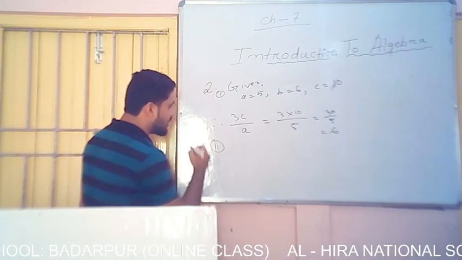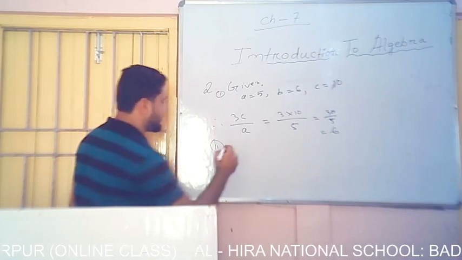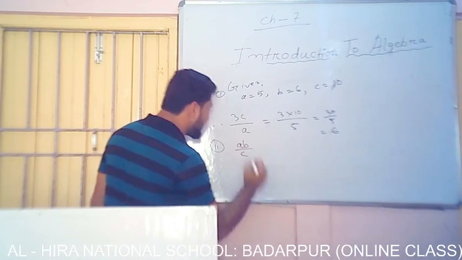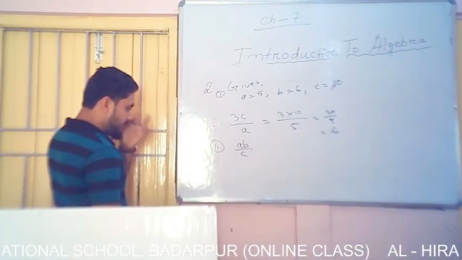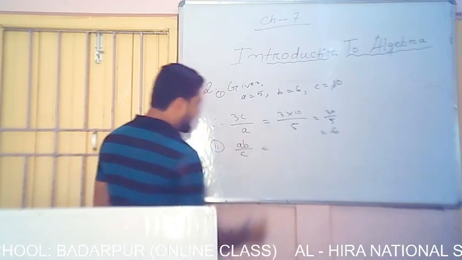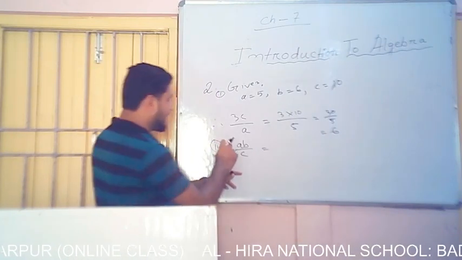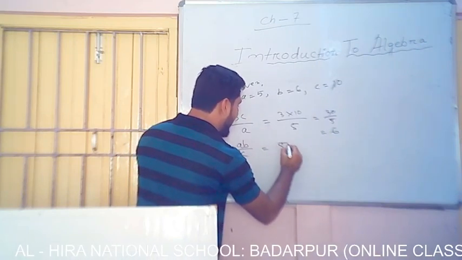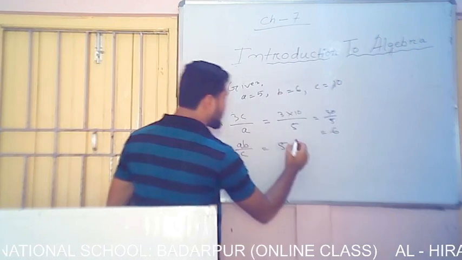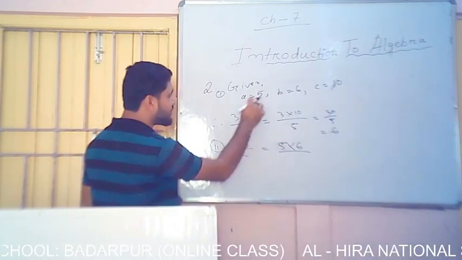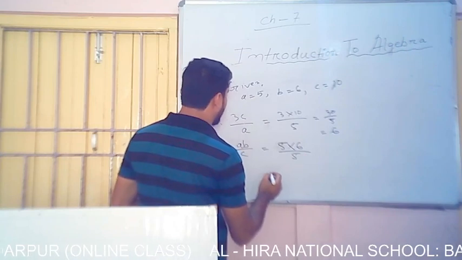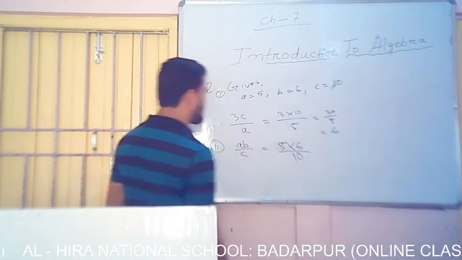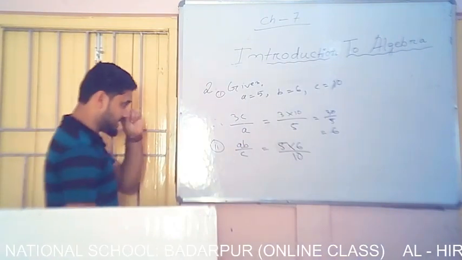Now come to question number 2. ab by c. So in place of ab by c, we can write the value of a, it is 5, into the value of b equals 6, and c equals 10.